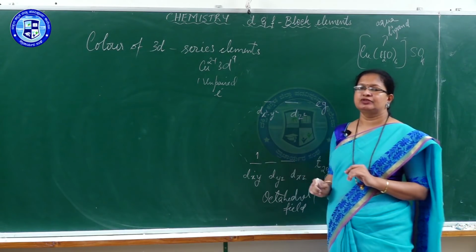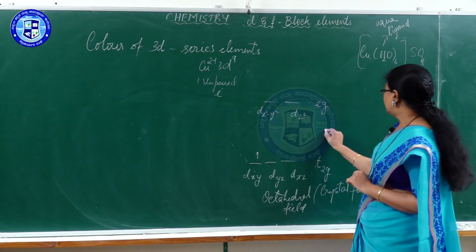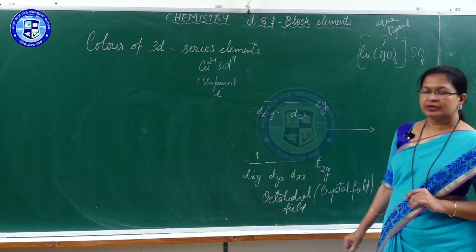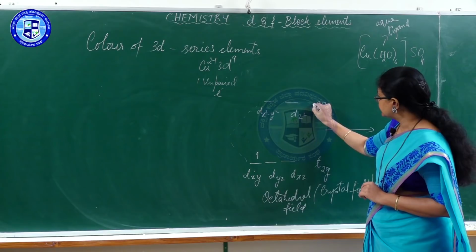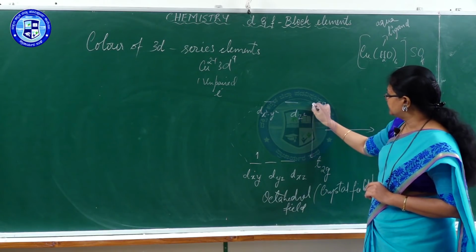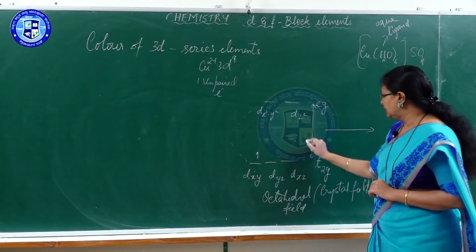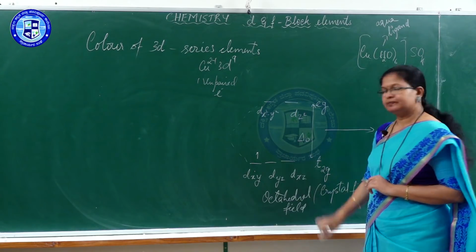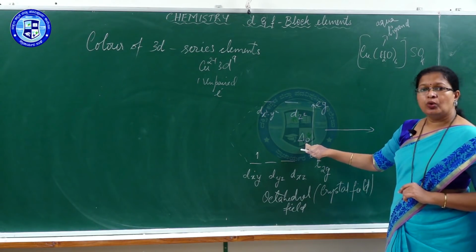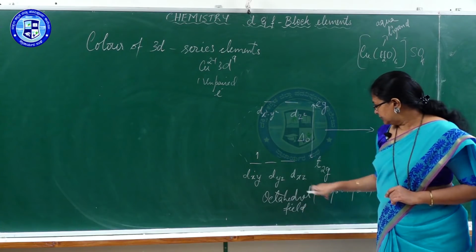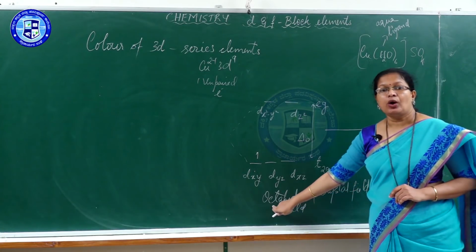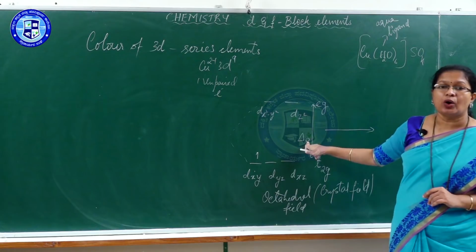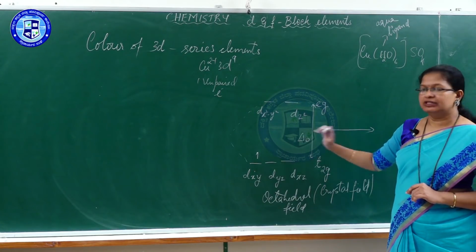Now when white light falls on this, assume the energy difference between T2g and Eg orbitals is delta O. Delta O stands for the crystal field splitting energy in the octahedral field. This O stands for octahedral, that is why it is the energy difference.